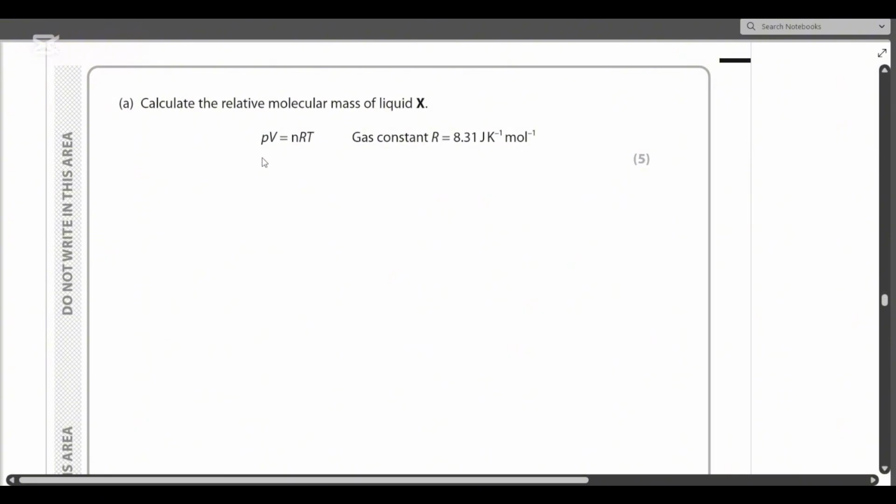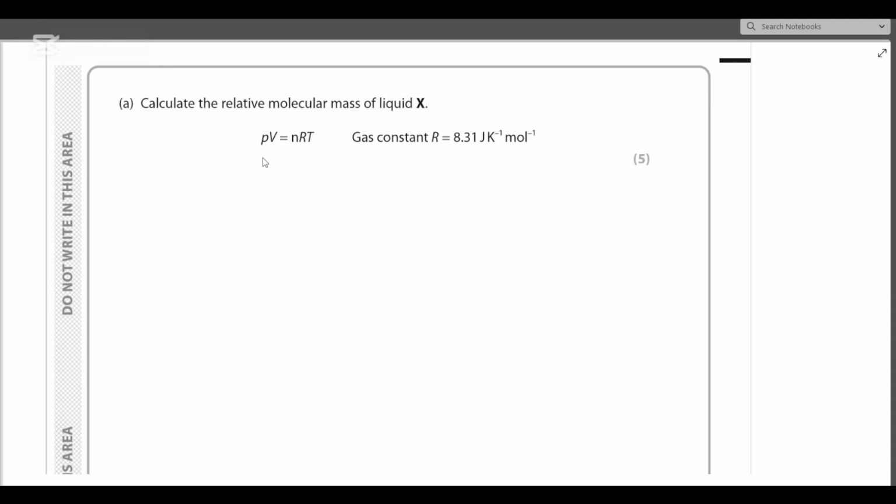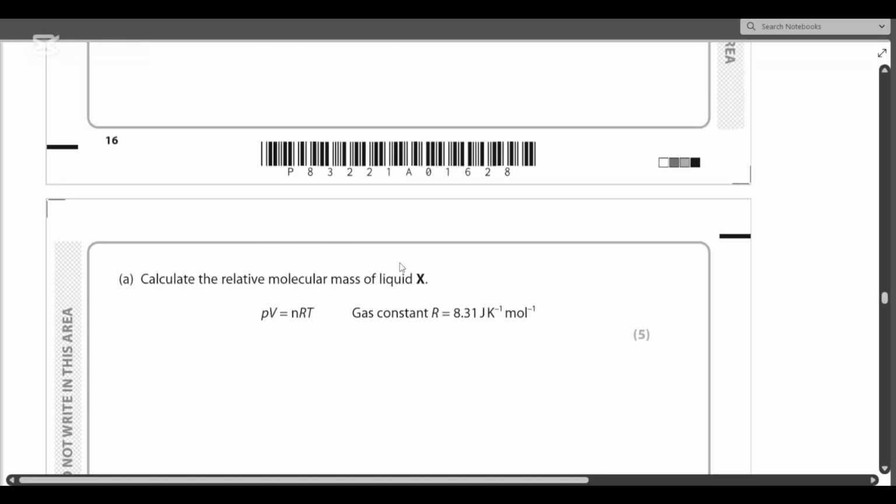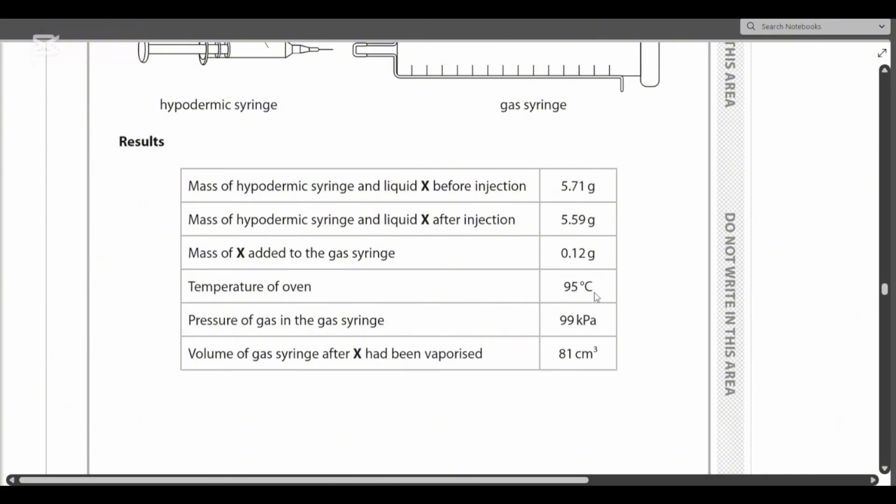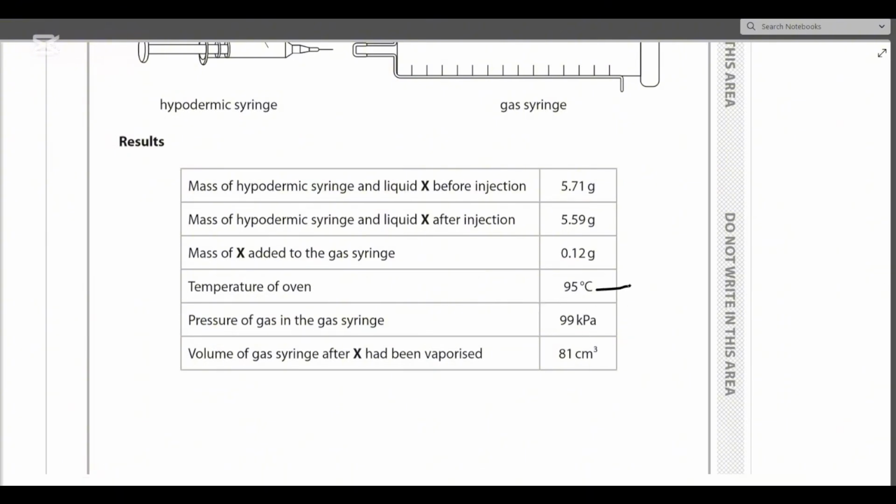They're told to calculate the relative molecular mass of liquid X, which has been inserted by the student in the gas syringe. Now, in order to calculate this, at first let's convert the temperatures here provided. The temperature at the oven, if you convert it into kelvins, you get about 368 Kelvin, which is pretty simple.